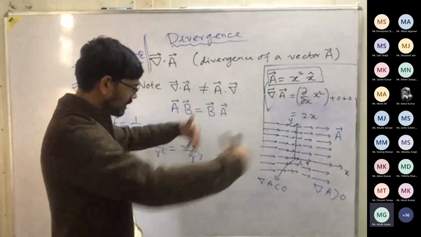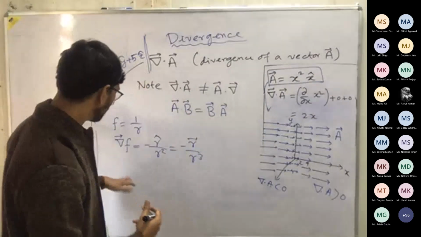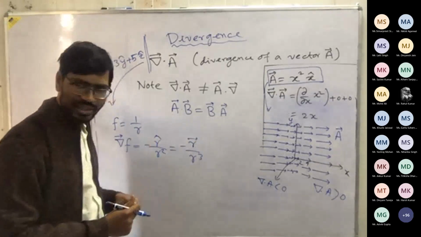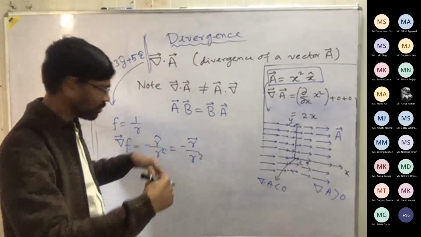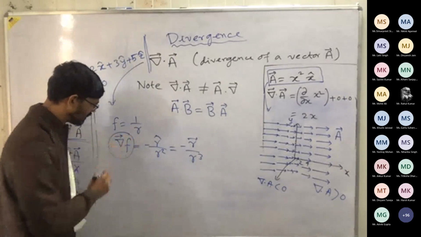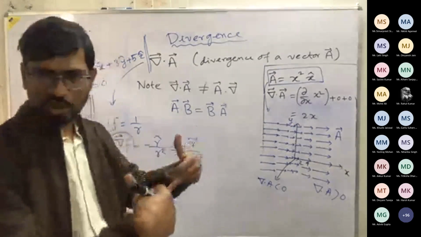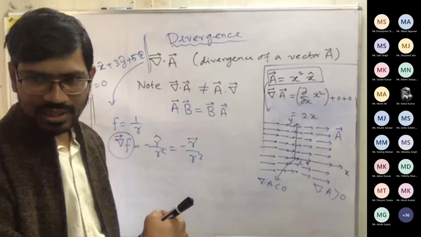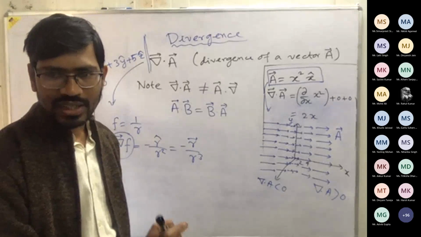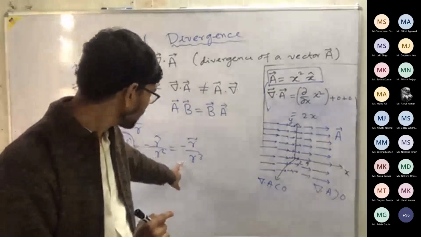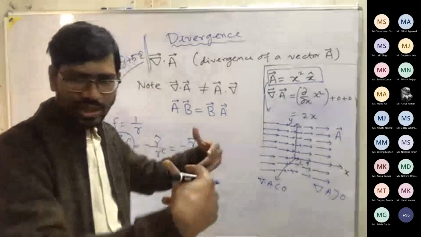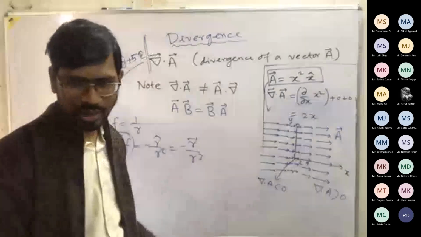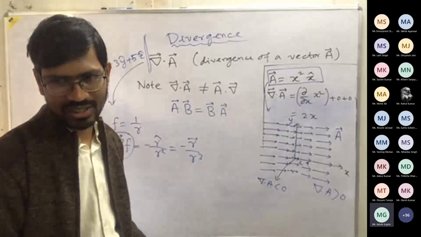So the gradient is actually decreasing, and this is a vector. The direction of this vector is pointing towards the center, and its magnitude increases. When R decreases, this magnitude increases. So at the origin this quantity blows up; you have a very large value.